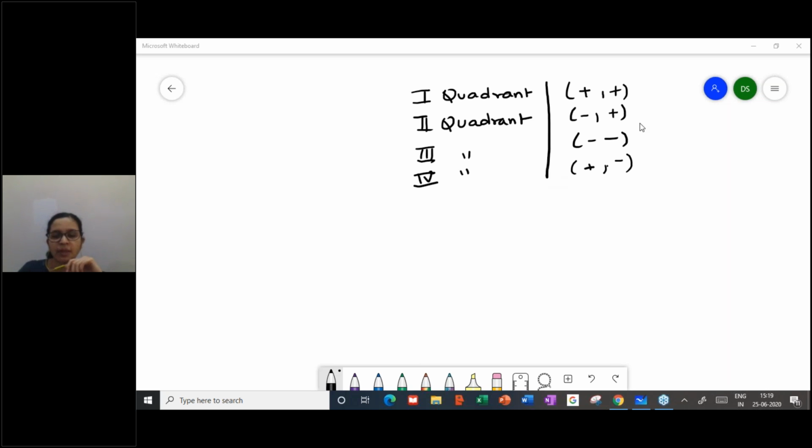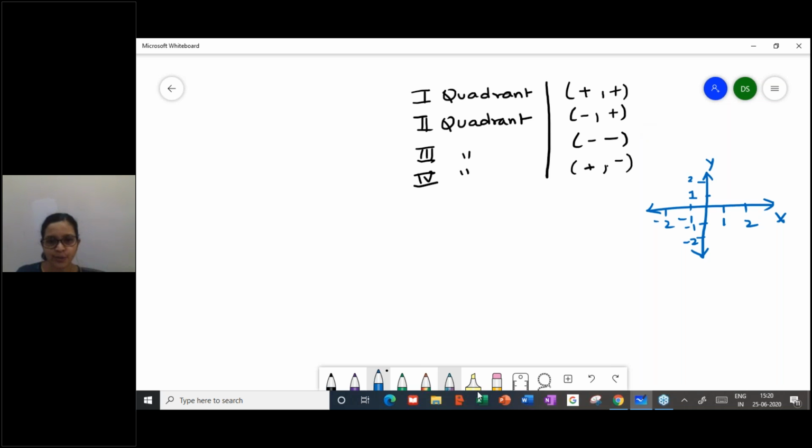For future references, you can memorize this if it's easy for you, or the simple way, wherever you are working, just make a rough small xy plane like this, label it, and put points like (1, 2), (-1, 2), (-1, -2), (1, -2). Automatically, if you see (-3, 5), you know it lies here, so this is the second quadrant.